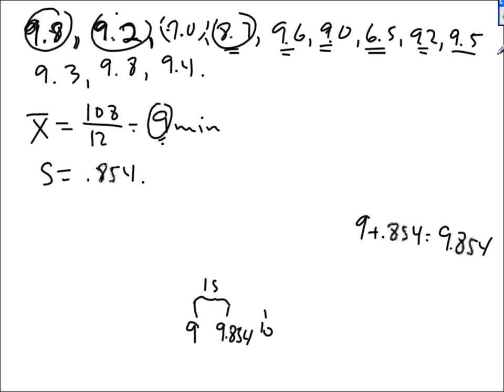This is one standard deviation. If you go another standard deviation, that is, you add on 0.854, you'll get to 10.708.